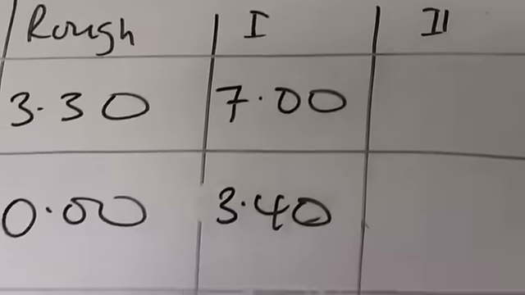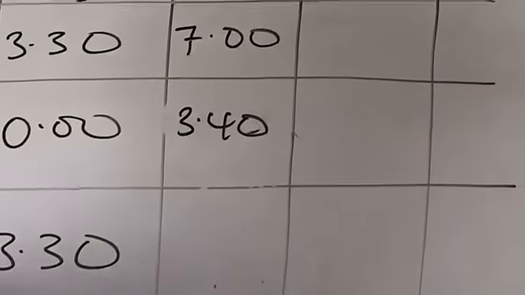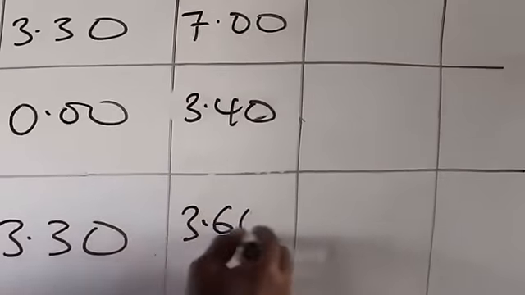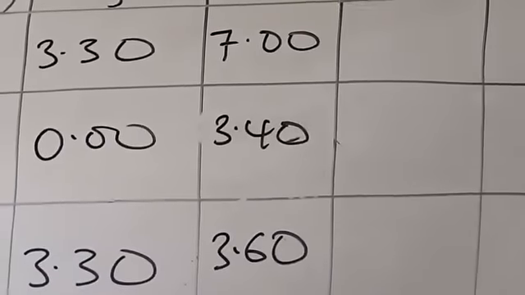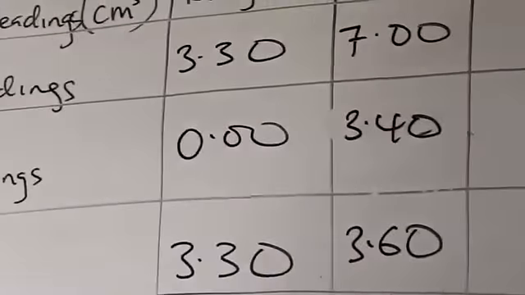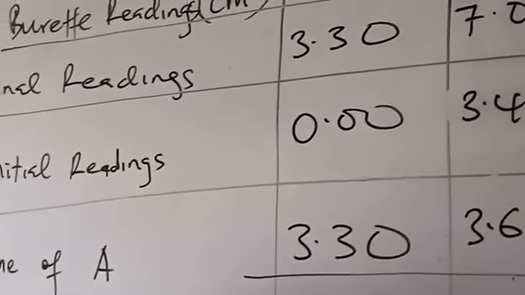So subtract 7 minus 3.40, please. 3.60. So we'll still try the second one and the third one and see what to select for our average titer. So that is it.